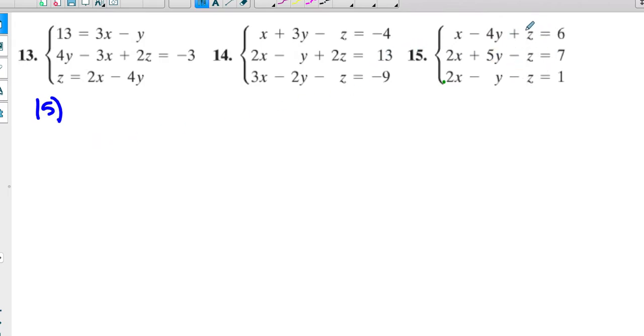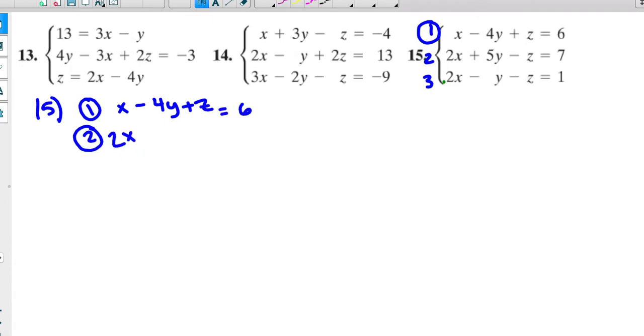Looking over here, we see that the z's all have the same coefficient of 1. Number 1 is a positive z, and then 2 and 3 have negative z's. So I'm going to add equation 1 and equation 2 together to create equation 4. That's x minus 4y plus z is 6, and 2x plus 5y minus z is 7.